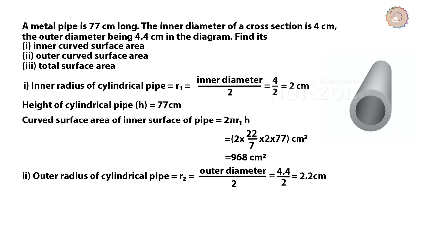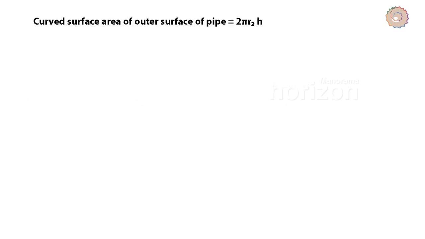Outer radius of the cylindrical pipe, the second subpart, we consider as r2, which is equal to outer diameter divided by 2, which is 4.4 divided by 2, equal to 2.2 cm. The height of the cylindrical pipe from the question is again h equal to 77 cm. That is, the curved surface area of the outer surface of the pipe is given by 2 pi r2 h.